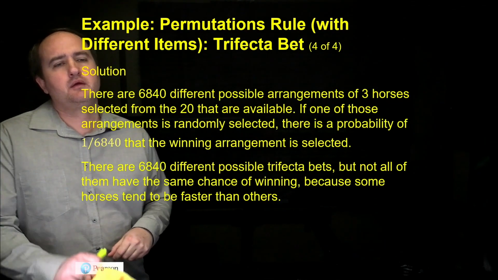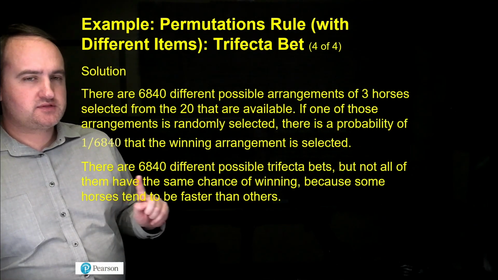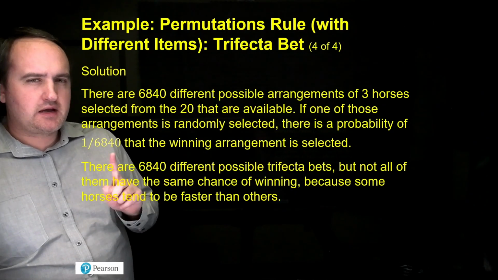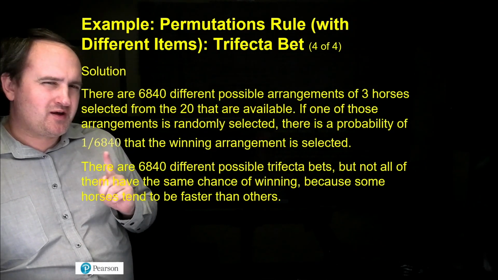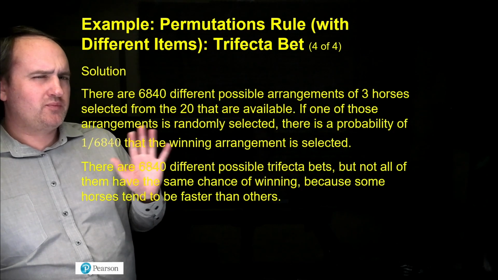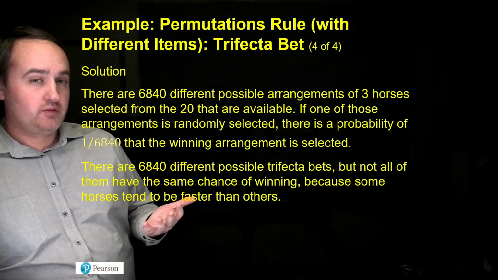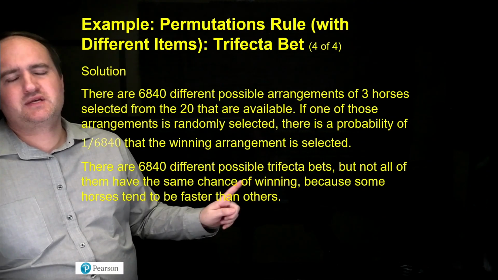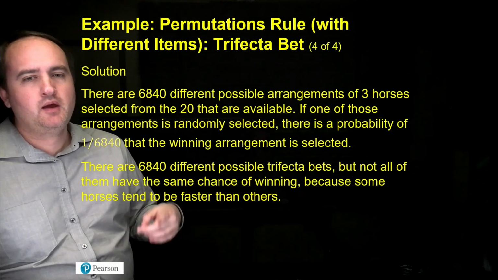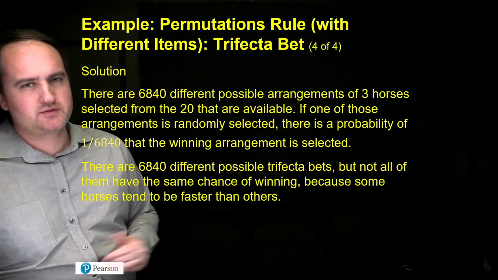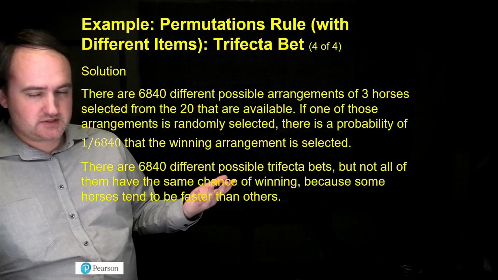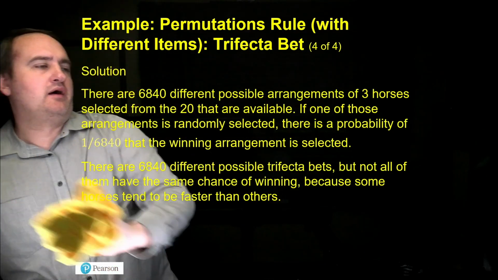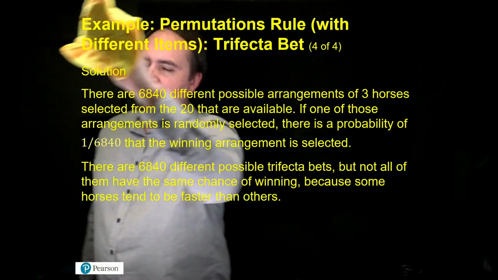All right. And then here they point out something, which is even though we calculated this probability, it might not be 100% accurate because in the real world, not all of them have the same chance of winning, right? Because some horses tend to be faster than others. You know, like some horses might have a track record of being faster than other horses.